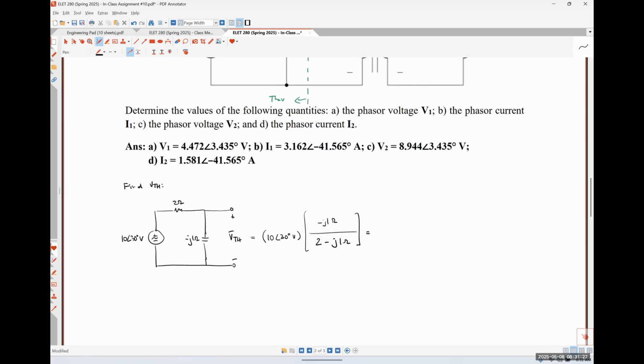So there's my Thevenin voltage. Now I'm just going to throw this into my calculator. 10 angle 30 times minus J1 over 2 minus J1.